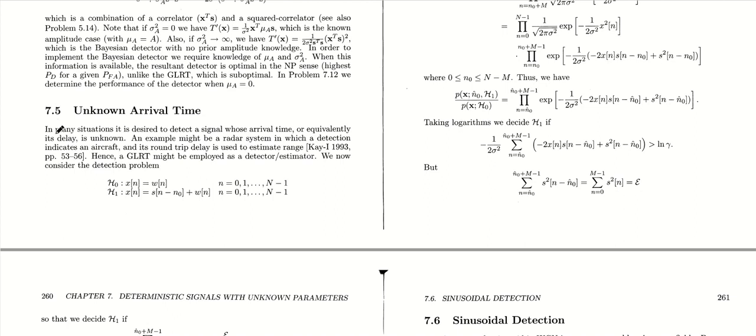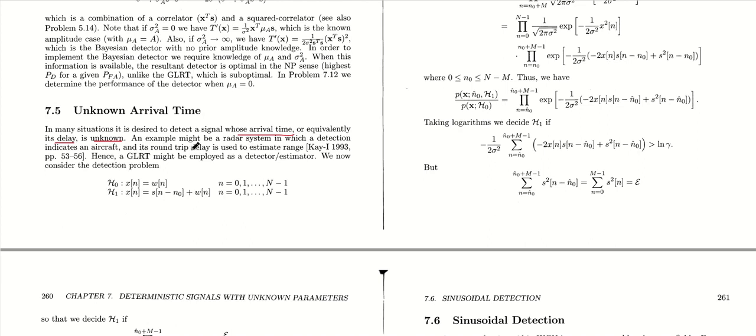In many situations, it is desired to detect a signal whose arrival time, or equivalently its delay, is unknown. An example might be a radar system in which we detect an aircraft and its round-trip delay is used to estimate range.